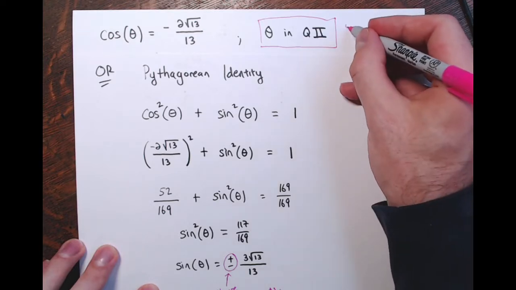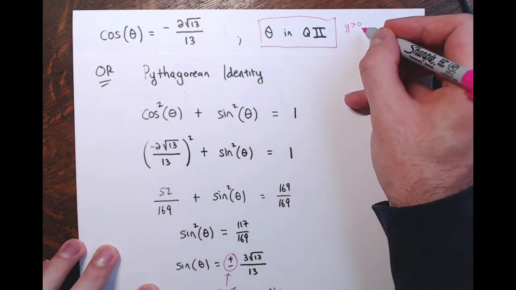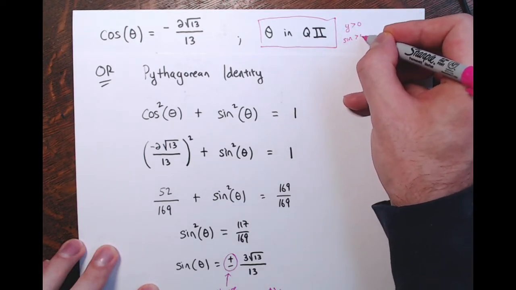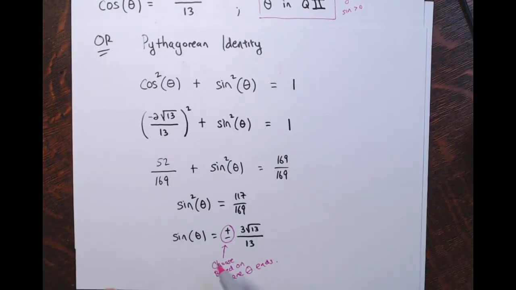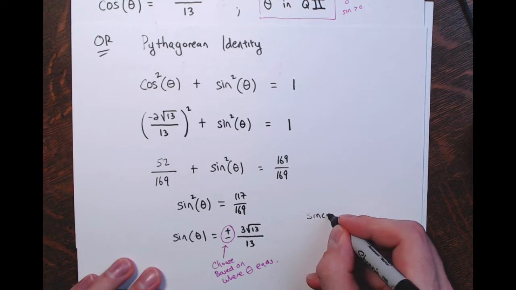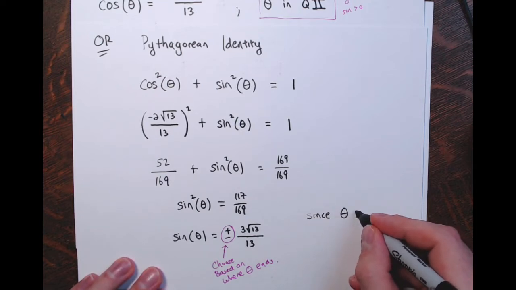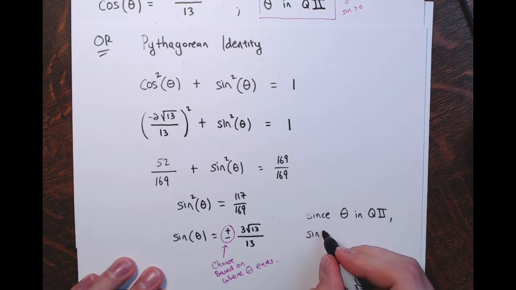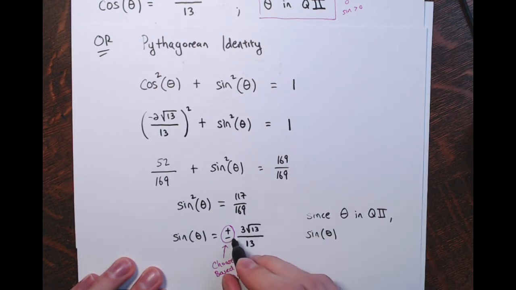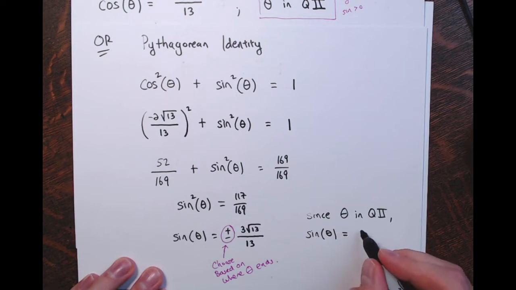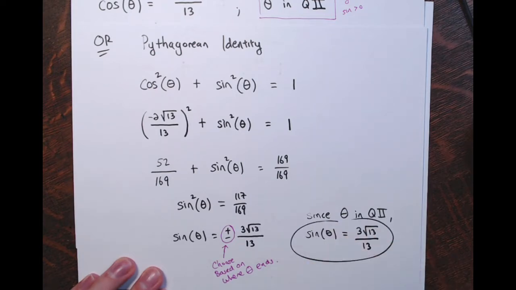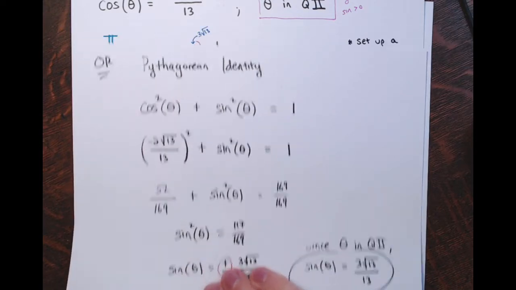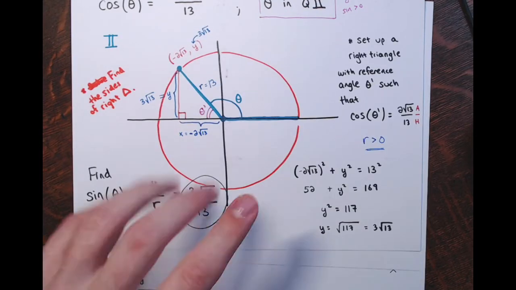Remember, in quadrant 2, y coordinates are positive, meaning that the sine will be positive. So, since theta is in quadrant 2, the sine of theta would be the positive one of these. I choose the plus, would be positive 3 times the square root of 13 over 13. And that's exactly the same answer I got here, drawing my picture.